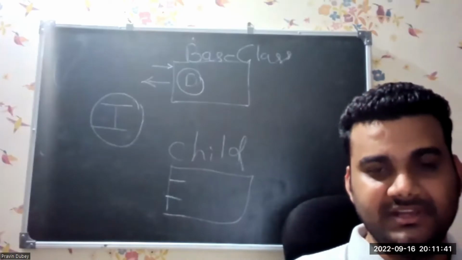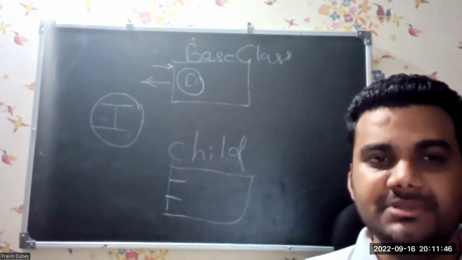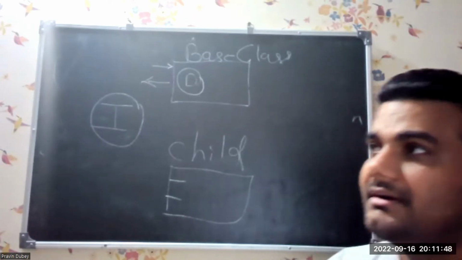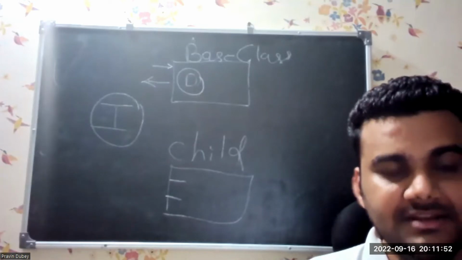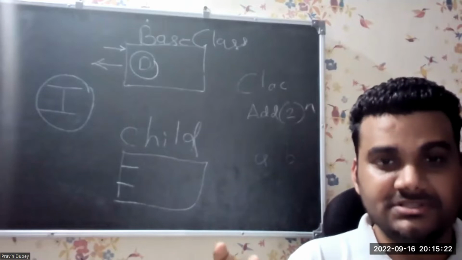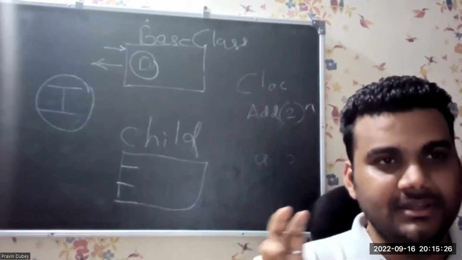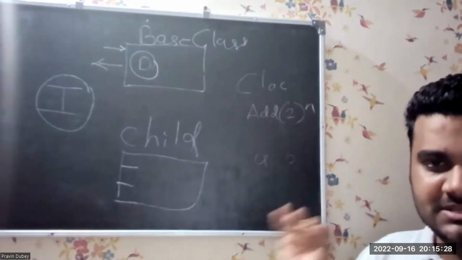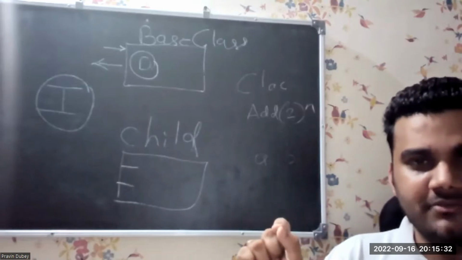Abstraction, we have covered. Encapsulation, we have covered. Inheritance, we have covered. Polymorphism is a concept where the same function or the same person behaves differently in different situations, different behaviors for different inputs. That's the concept. So these are the four main concepts: abstraction, encapsulation, inheritance, and polymorphism.